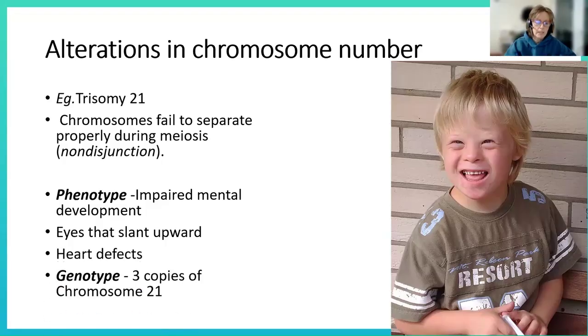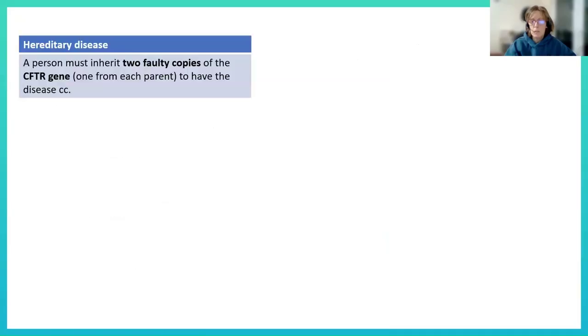They might not even know they're pregnant because they're not viable. But obviously things like Klinefelter syndrome, Down syndrome, the individuals do survive. So those are genetic because there's abnormalities in the DNA that's inherited, but they're not hereditary diseases. They're not passed on from generation to generation. So they're a little bit different to hereditary diseases.